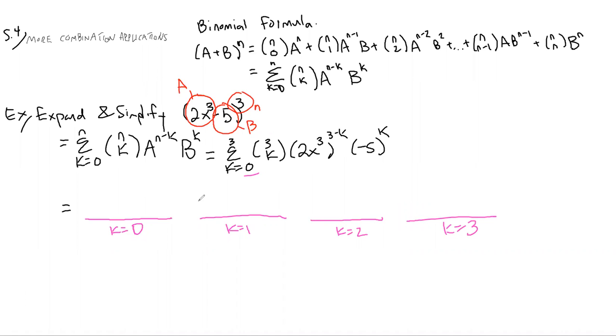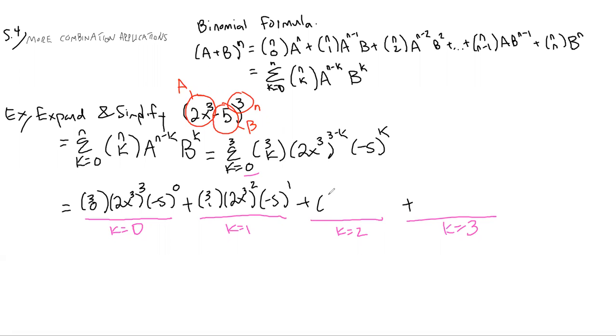So x is going to stay in there as a variable. So I'm going to have 3 choose 0, 2x cubed to the 3, minus 5 to the 0, plus 3 choose 1, 2x cubed, and now I'm going to have 3 minus 1, which is 2, minus 5 to the 1. 3 choose 2, 2x cubed to the 1, right?